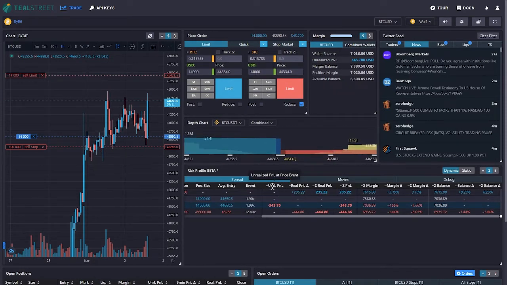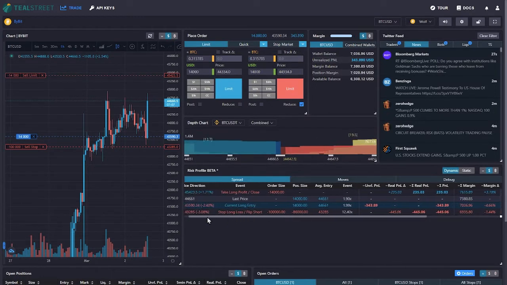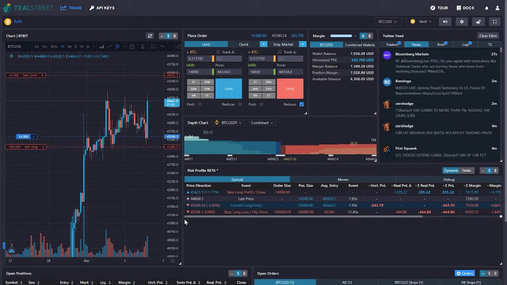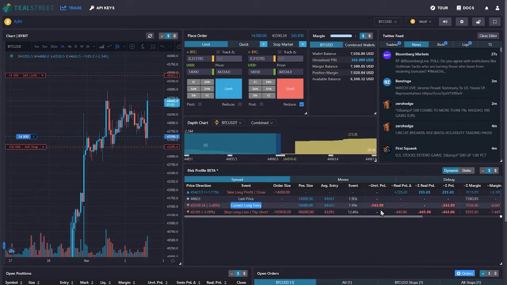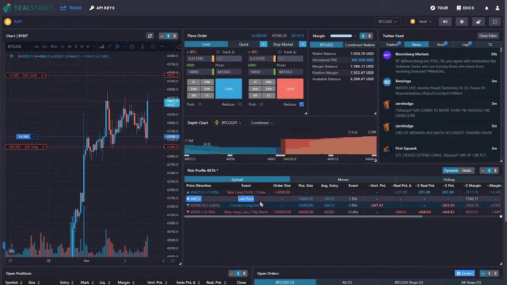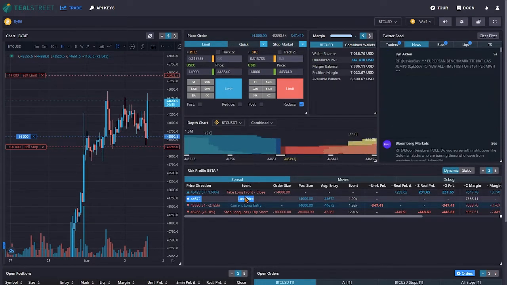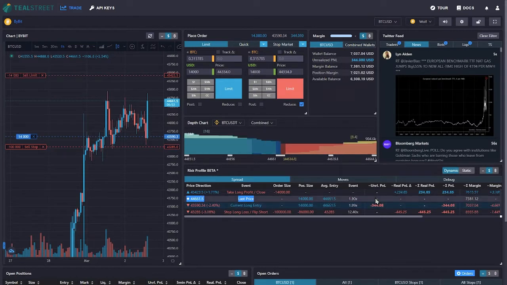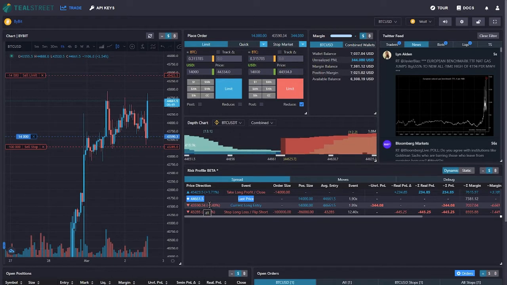So the unrealized P&L is the P&L that you have available at this point. If we look at the current long entry under dynamic mode, since P&L is based on the last price in dynamic mode, we could see if it were to retrace downward back to my entry, which is 2.4% down from last price, my P&L will go down $343.